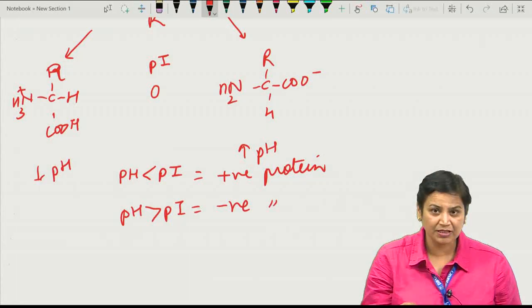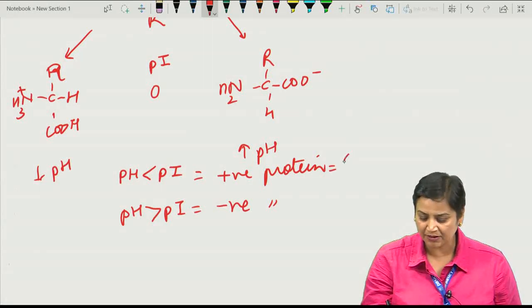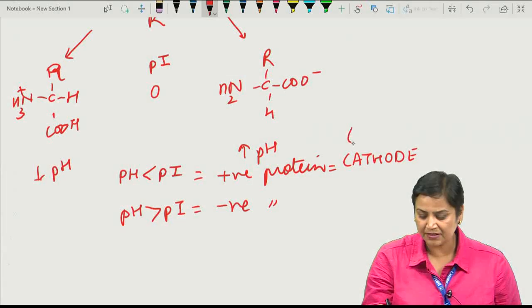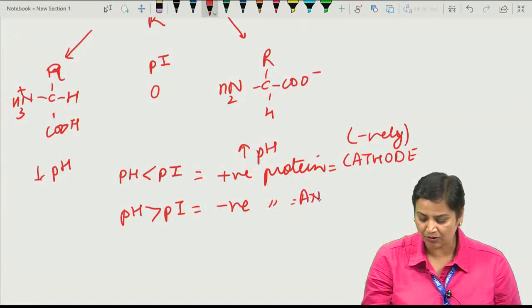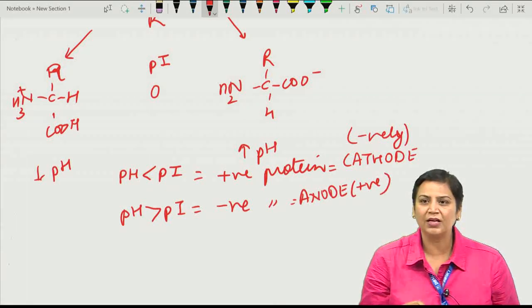Now if a protein has a positive charge, it is going to move towards the cathode, which is negatively charged. On the other hand, if it is negatively charged, obviously it will move towards the anode, which has a positive charge. As you know, the cathode being negatively charged, only the cations, which are positively charged, will move there.